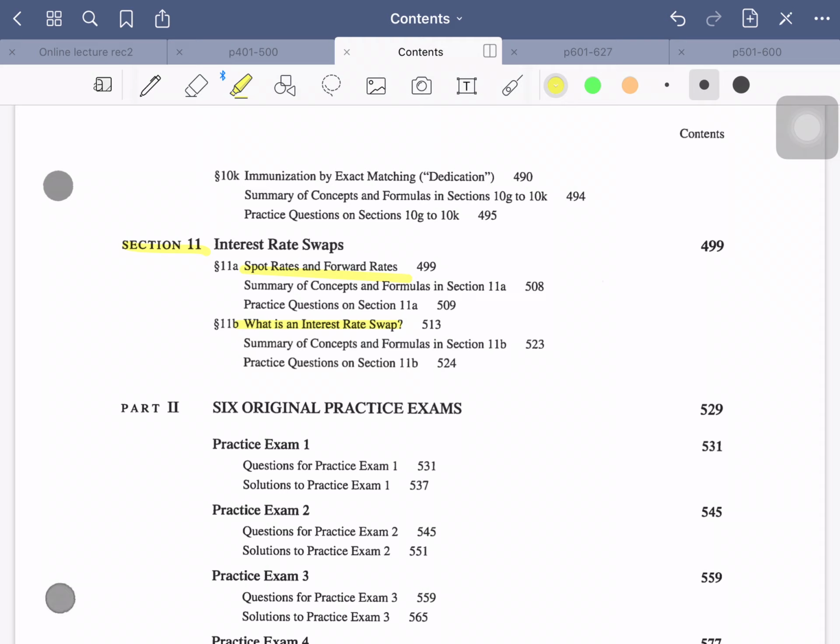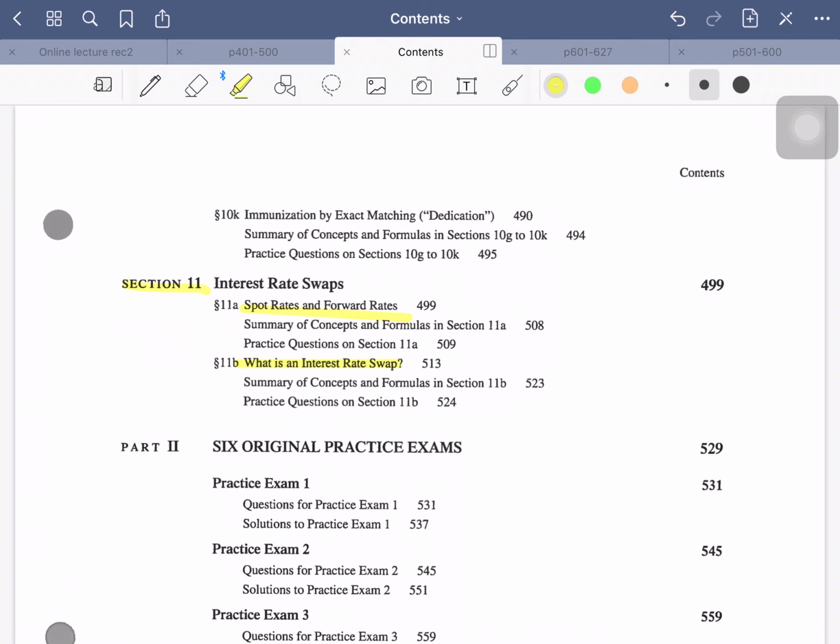So those are the materials not covered in this lecture. If you want to take the FM exam, then you have to at least read these sections. If you want to take the exam, good luck, and also recall that you have to prepare basically 300 hours.